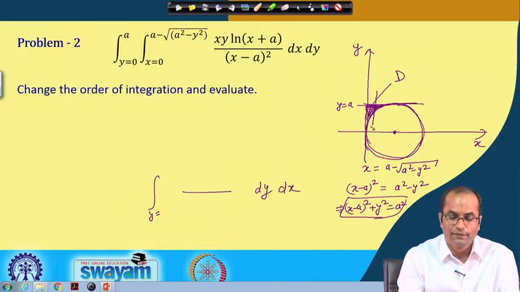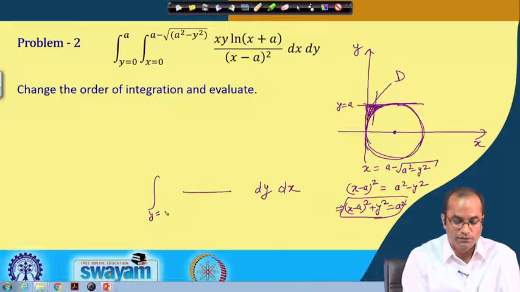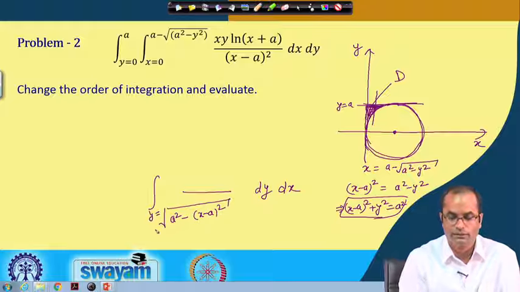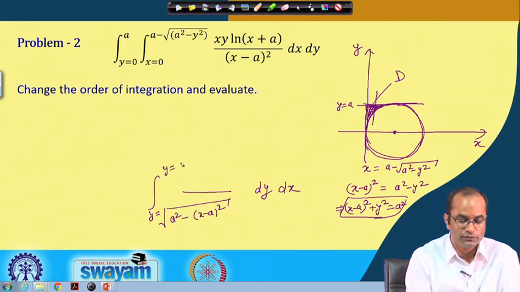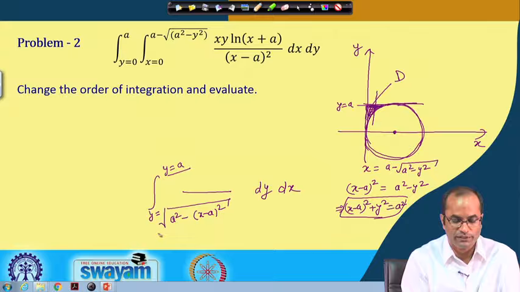So, for y, it is now entering through the circle at any point here to cover the whole domain. So, what is the equation here? That will be y is equal to a square minus x minus a whole square, that is the lower limit of y, and it exits at y is equal to a. So, this is y is equal to a, the upper point.